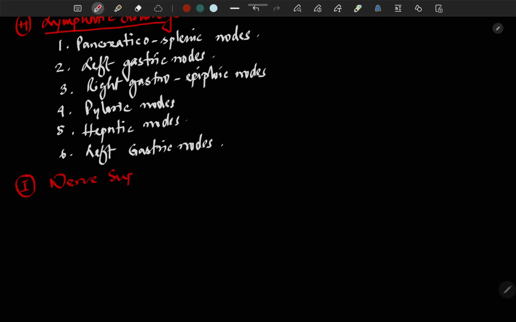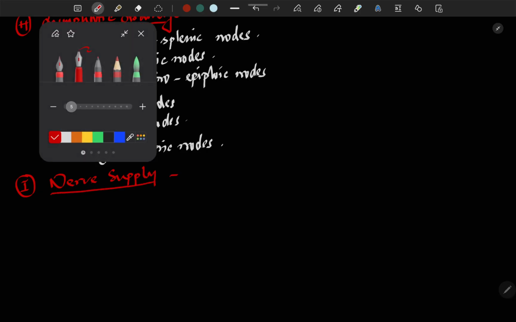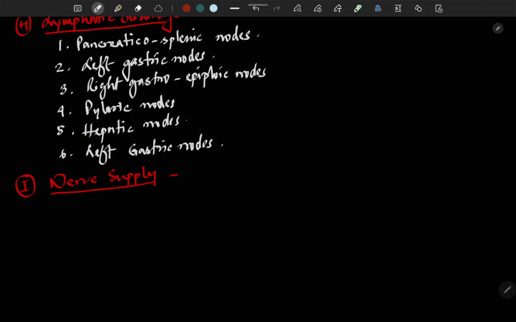Nerve supply of stomach. The nerve supply is divided into sympathetic and parasympathetic. Number 1 is sympathetic nerve supply. 2, parasympathetic nerve supply.